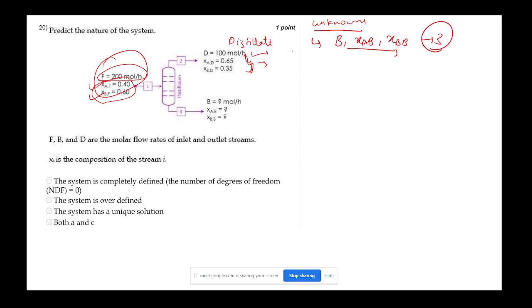Then how many independent equations will you be able to write?